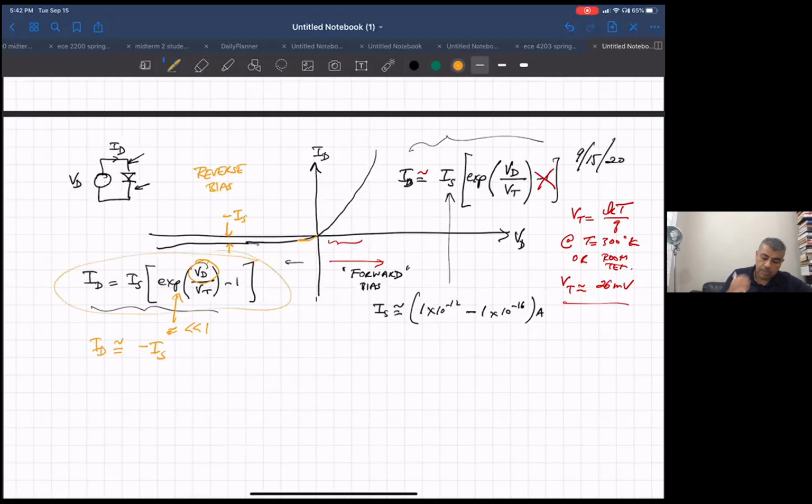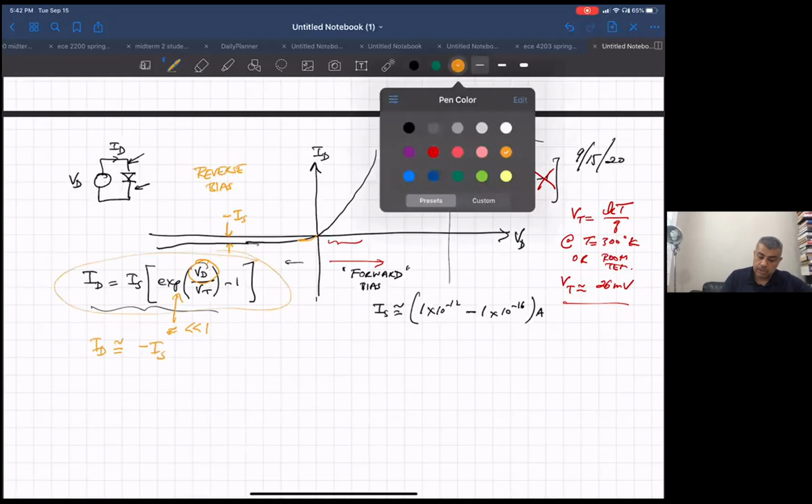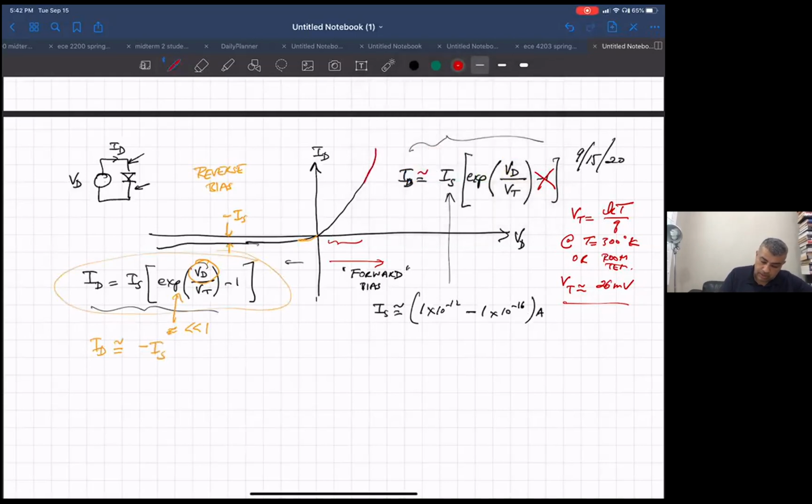Because of the exponential characteristic of the relationship of I_D with V_D, very quickly you either get rid of the 1 and stay with an exponential, or end up at minus I sub S. You end up with this characteristic for your diode.